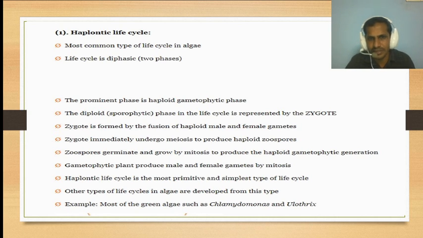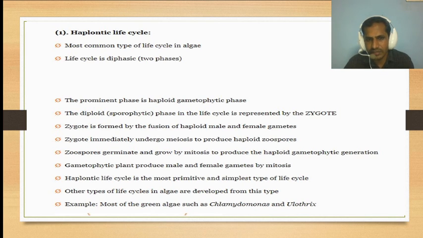So it is very simple and primitive. They have a diphasic nature: one is the gametophytic phase, another is the sporophytic phase. After zygote formation of the male and female gametes, they immediately undergo meiosis and produce zoospores, which further grow into the haploid gametophyte.